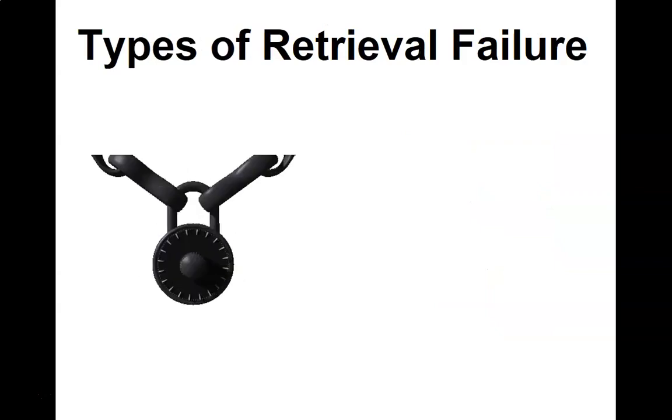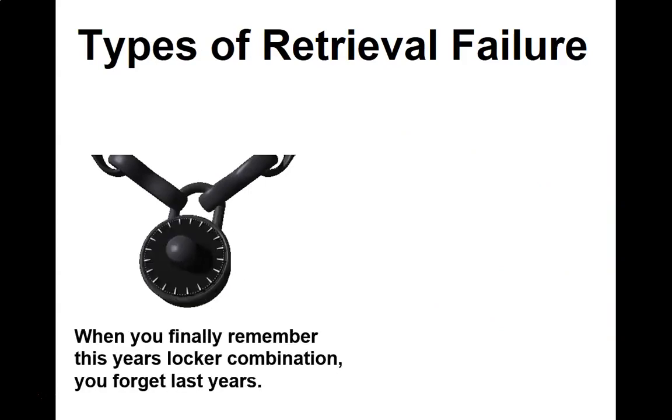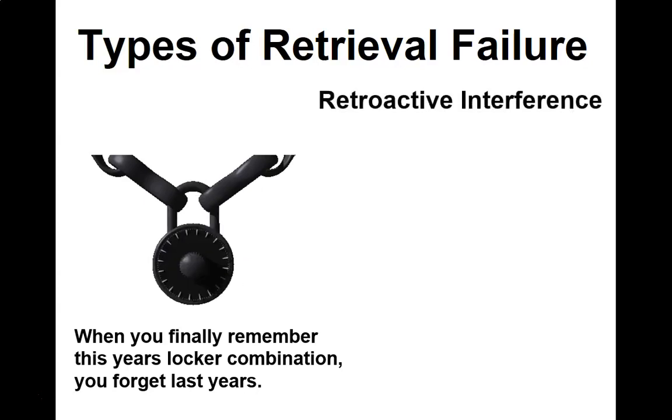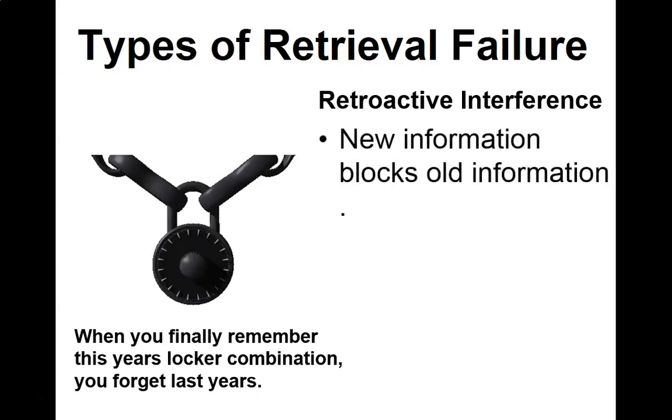And assuming that you ever actually had a locker and actually used it, when you finally remember this year's combination, you forgot last year's combination. That would be retroactive interference. Or maybe you got a new phone number, and you can't remember your old one. Again, retroactive interference.